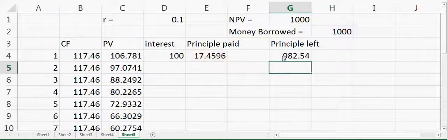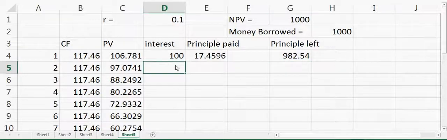Next year, I'm again paying the interest, but this time the interest will be on the principal left, right? So I'll say principal left times the interest rate, and for the interest rate I'll put a dollar sign so that when I drag this cell down it does not change.